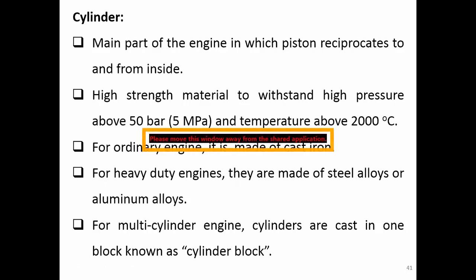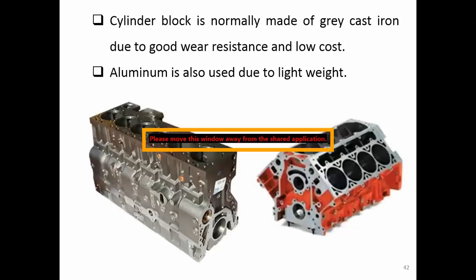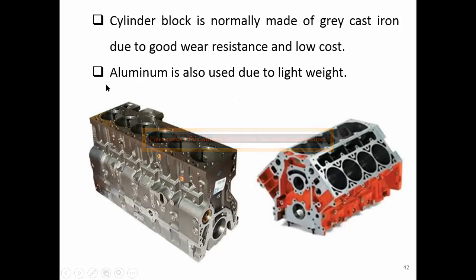They cast them all together in one block, and this is what we call the cylinder block here. It is usually made from gray cast iron because it has good wear resistance and also low cost. Sometimes they use aluminum because the good part of aluminum is that it has light weight, for engines that are concerned about weight.